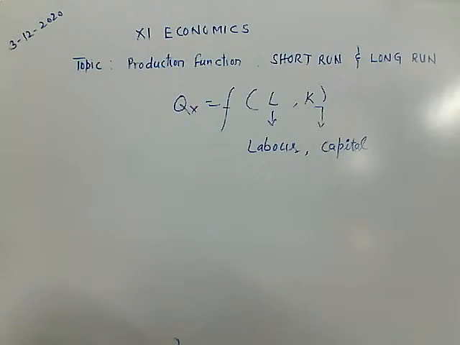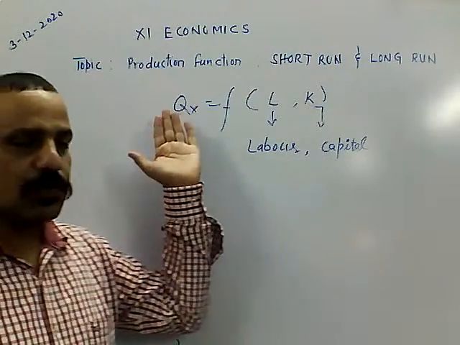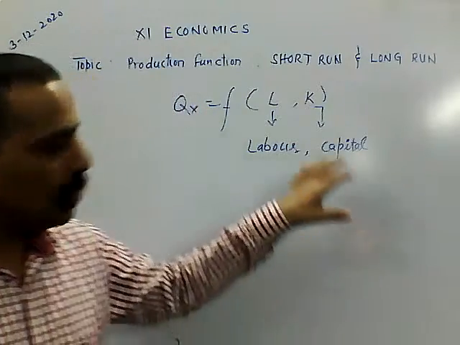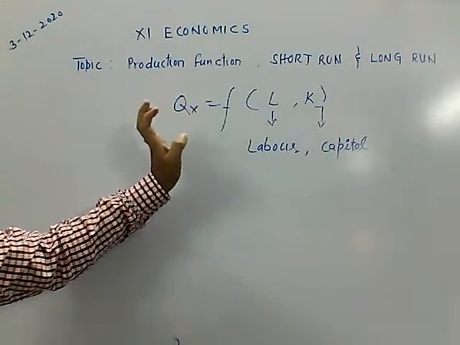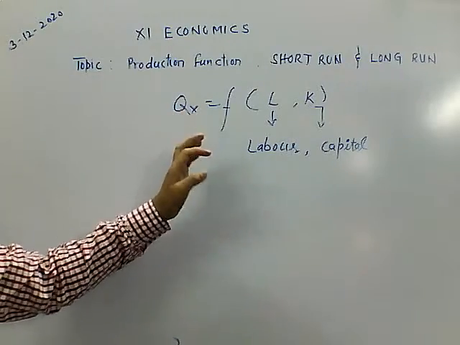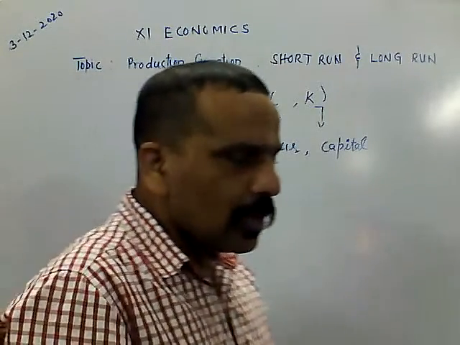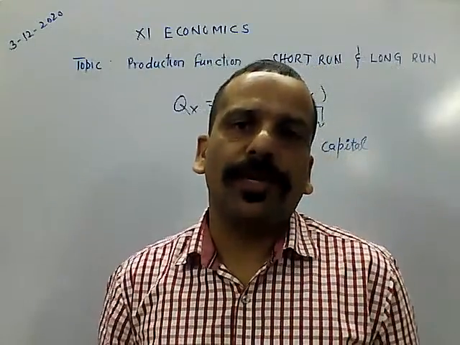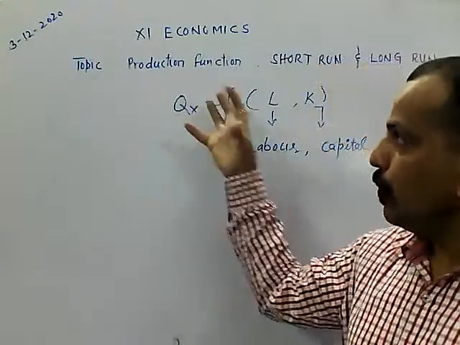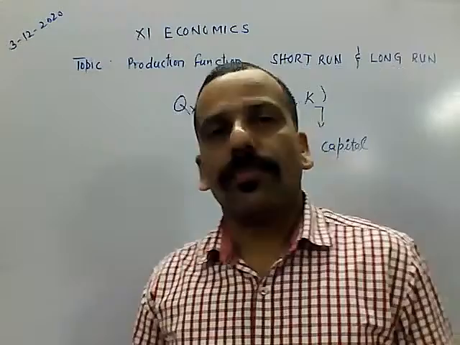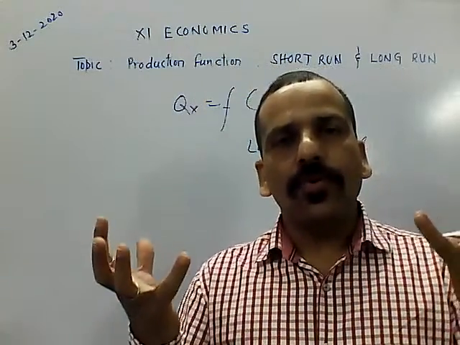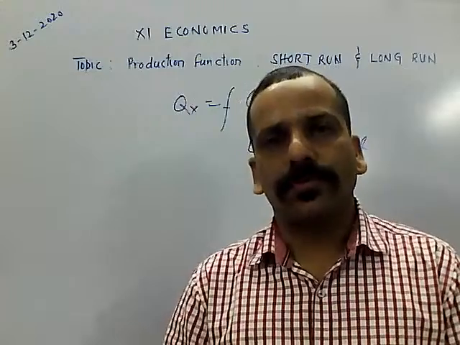Production function is the functional relationship between input and output of the commodity. I shared the example of production of cement. Input is in physical form, when you talk about the limestone, the physical form of the limestone.